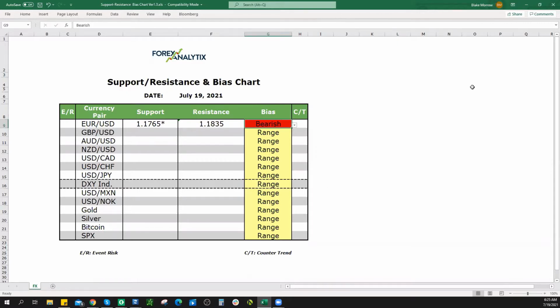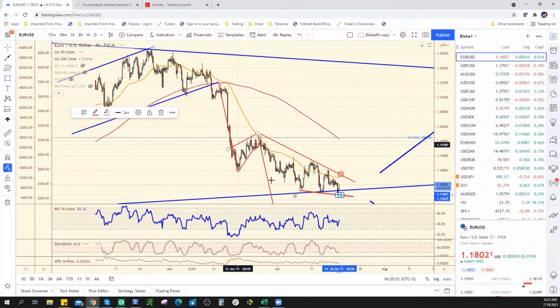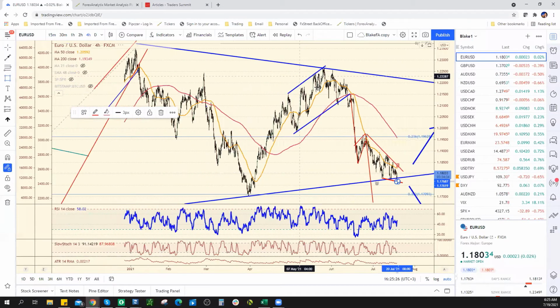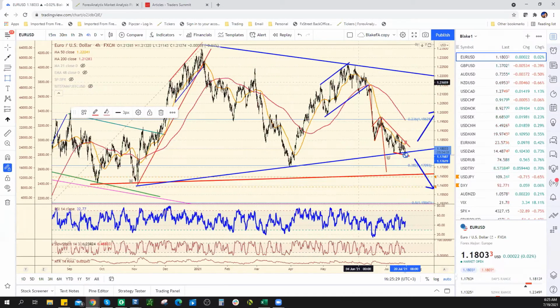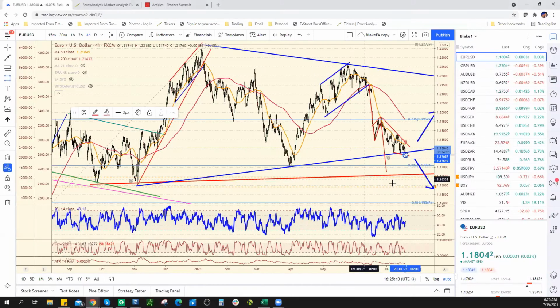I've identified with you guys that the euro's been in a bearish trend in the last several weeks. Ever since we pivoted off this 120.50 level, we've said, oh, lower highs, and we're probably heading back to triangle lows. Here we are. So now that we're here, the question is, do we stay bearish? My opinion is yes, we do stay bearish, probably until we get past the ECB.